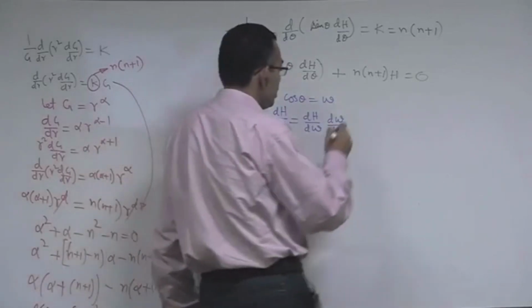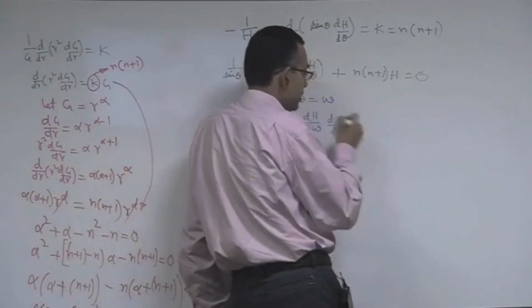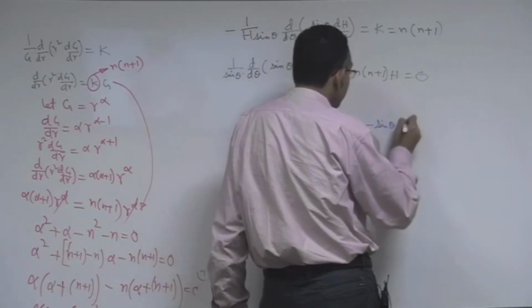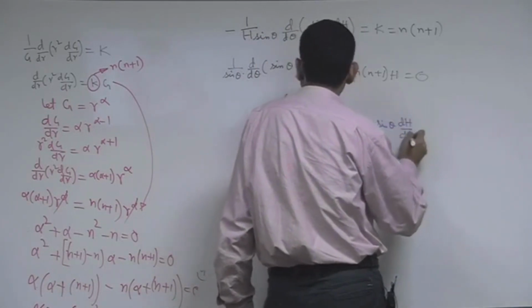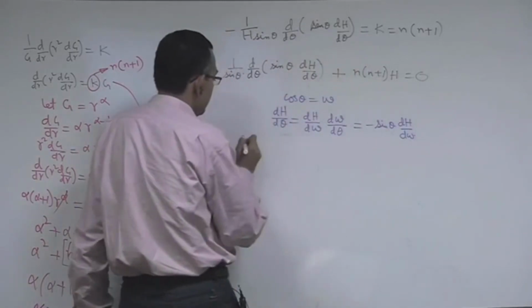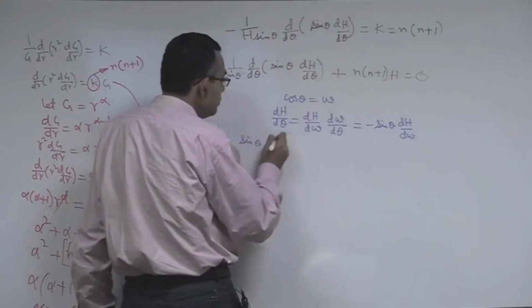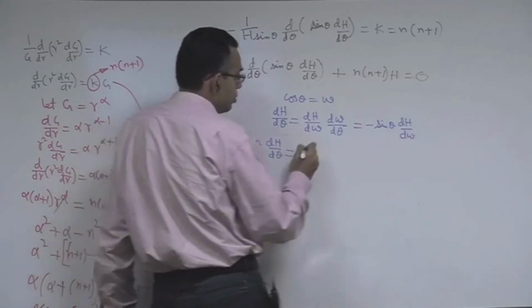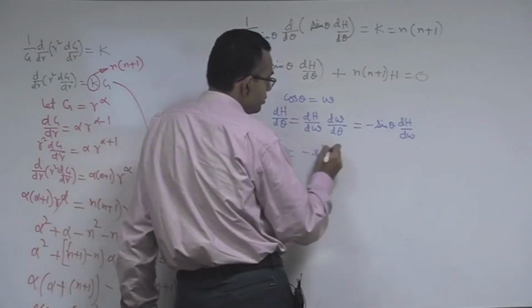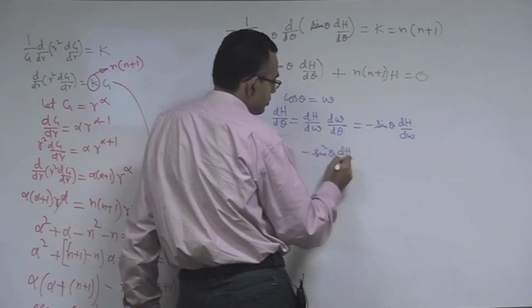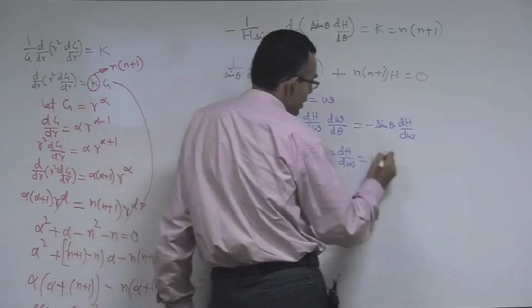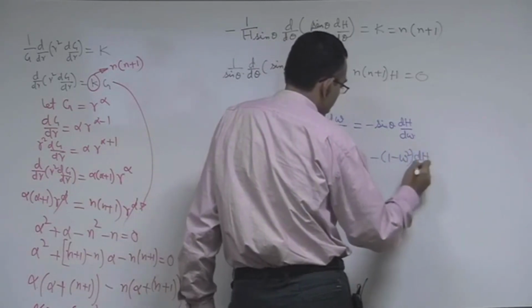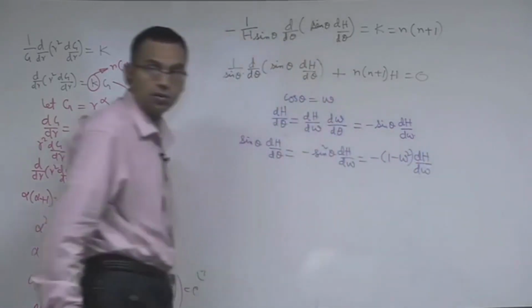What is dw/d theta? That is minus sin theta. So, sin theta dh/d theta is equal to minus sin square theta dh/dw. So, minus sin square theta means minus of 1 minus cos square theta. Cos square theta is w square.